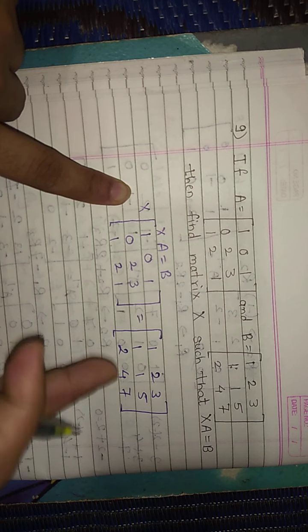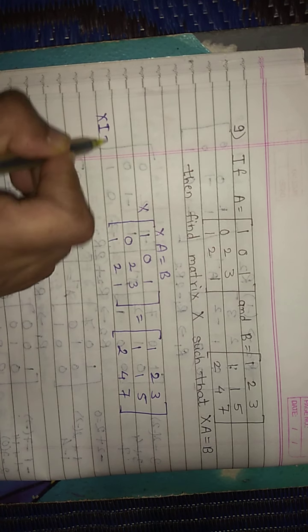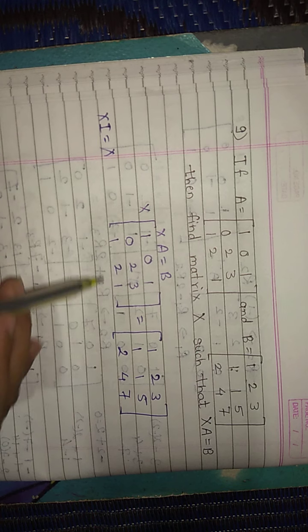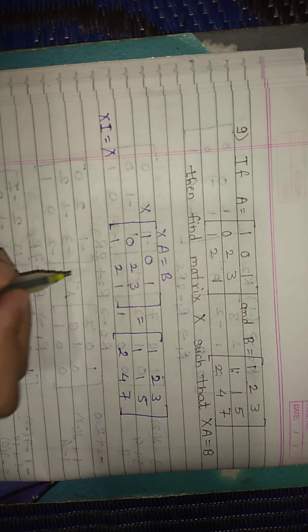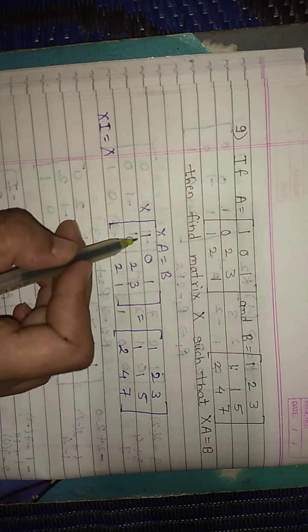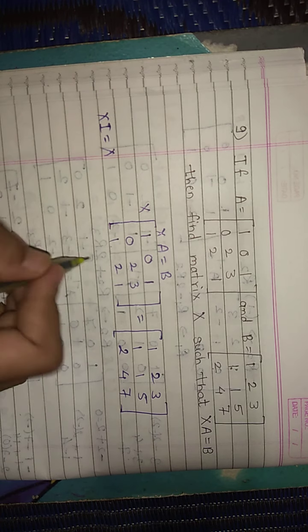So by using the column transformation, we solve this sum, because if we convert A into I, then I into X is always X. So A we have to convert into an identity matrix. First we apply 1 0. Here 1 is present, so we convert 1 to 0.